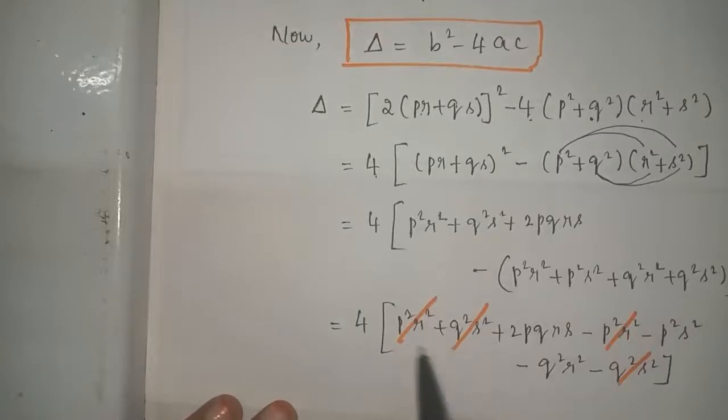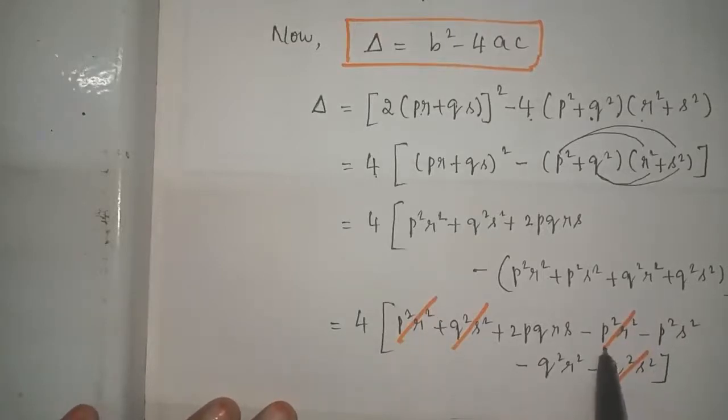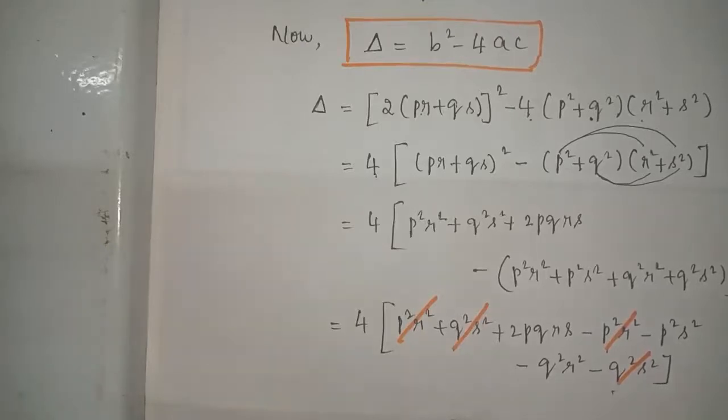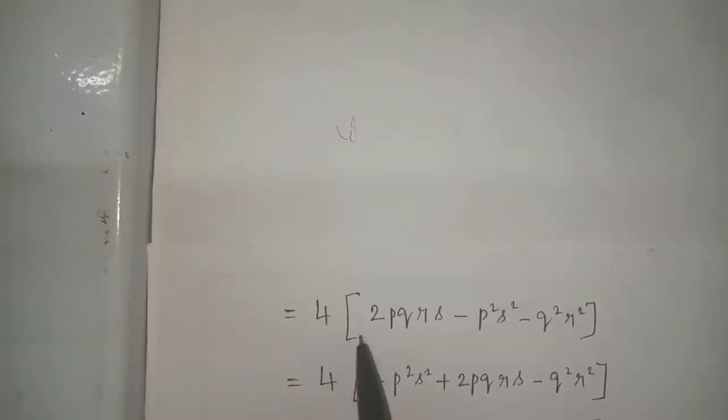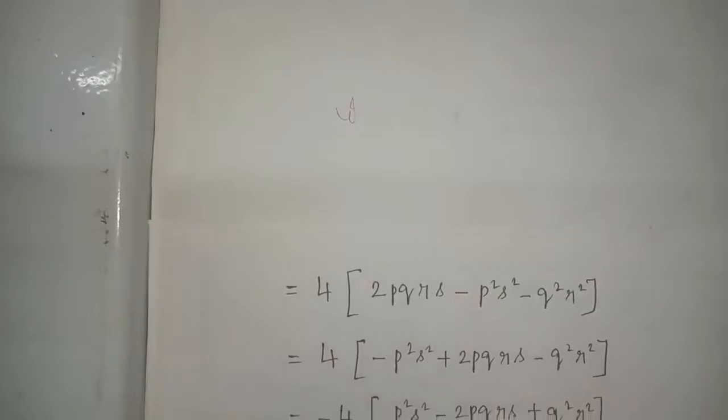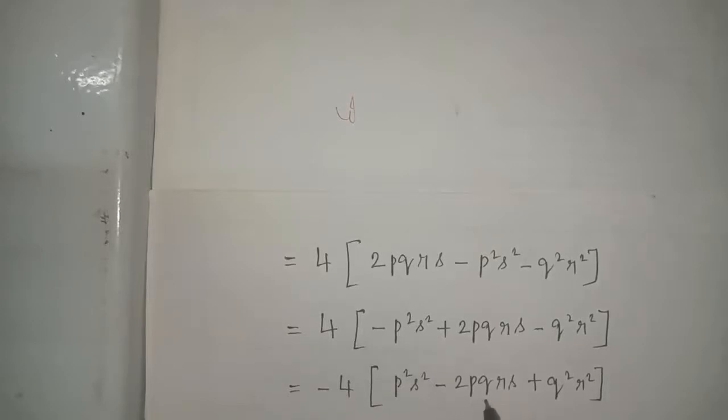So p²r² minus p²r² gets cancelled. q²s² minus q²s² gets cancelled. So the remaining terms are 4 into 2pqrs minus p²s² minus q²r². We are rearranging it: minus p²s² plus 2pqrs minus q²r². We are taking the negative sign common out. So minus 4 into (p²s² minus 2pqrs plus q²r²).